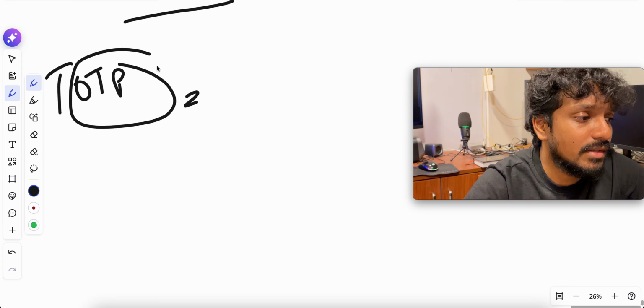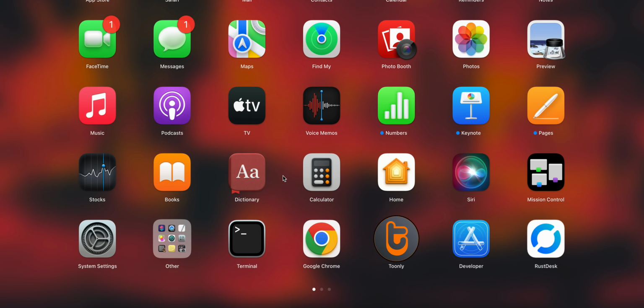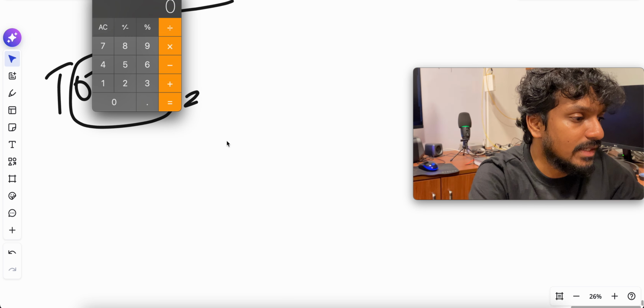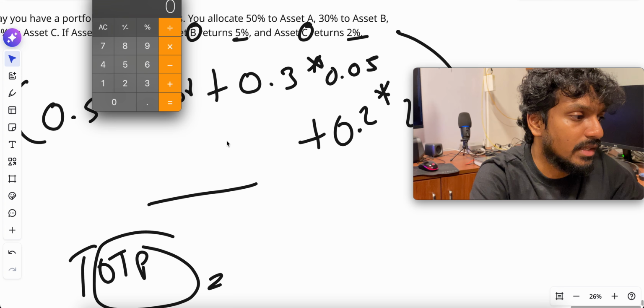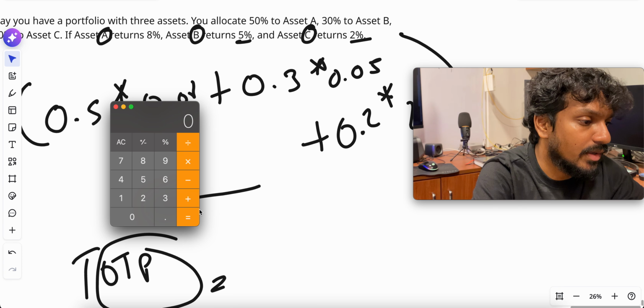For this, if you use this method, I'm going to use the calculator. So first thing, let me drag my calculator here.